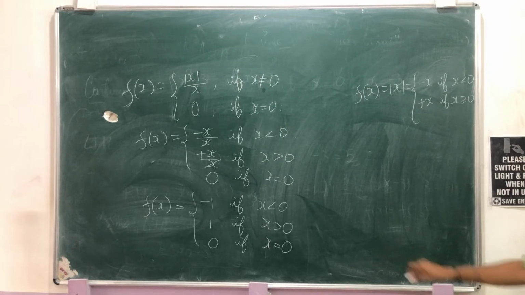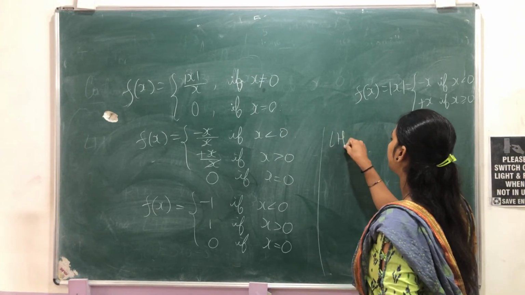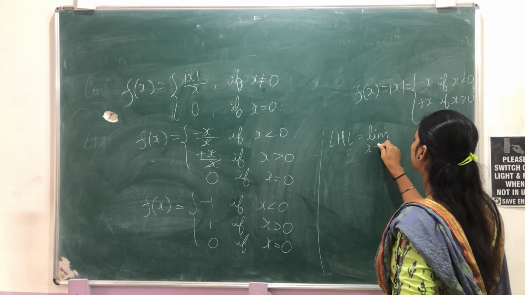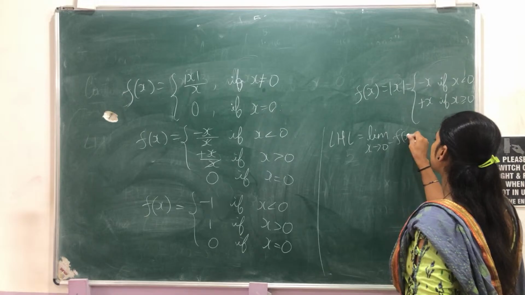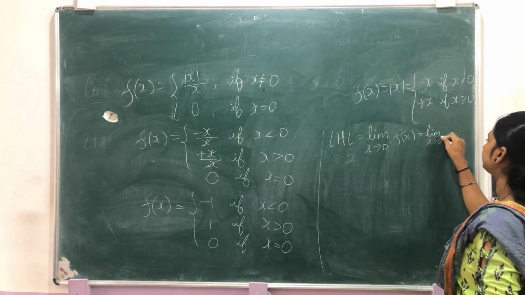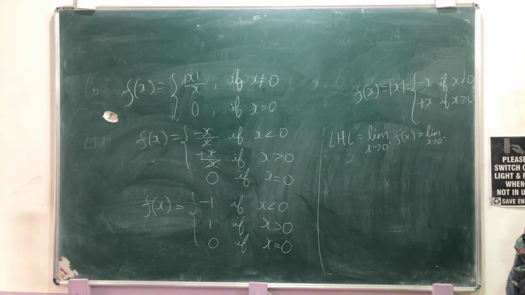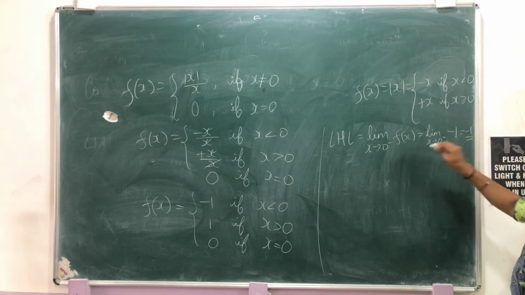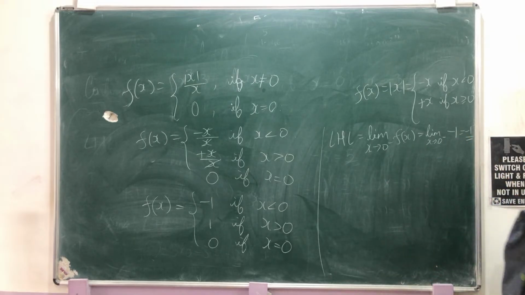I'll write here. Left hand limit equals limit x tends to 0 minus f of x, which is equal to, what is less than 0? Minus 1. So value is minus 1. Similarly do right hand limit, value at that point. Then show they are not equal.